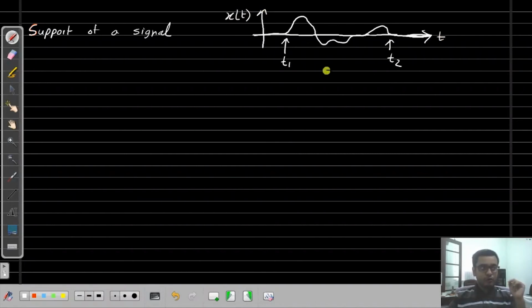Now the support of this signal means the time interval where this signal is non-zero, which is from t1 to t2. So the support of this signal is from t1 to t2, or maybe we can write it this way: this is t2 minus t1, where this signal is non-zero.